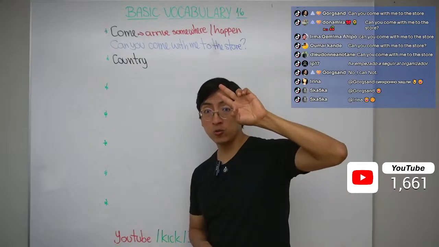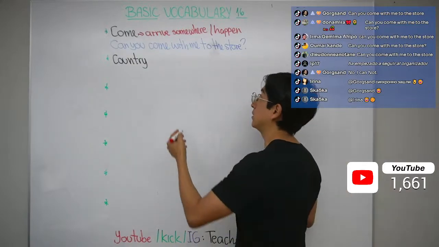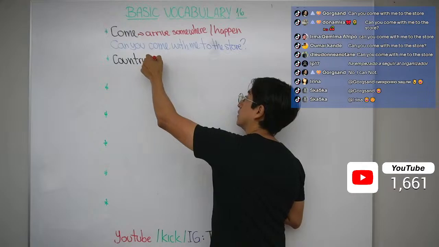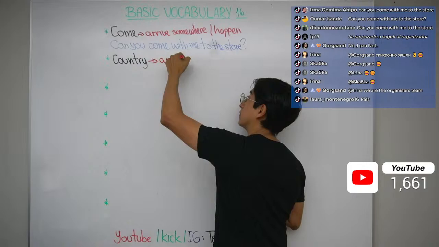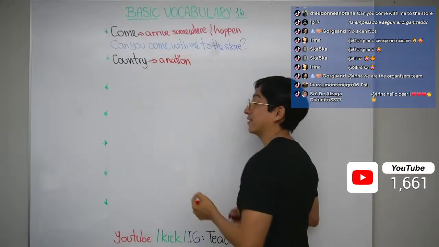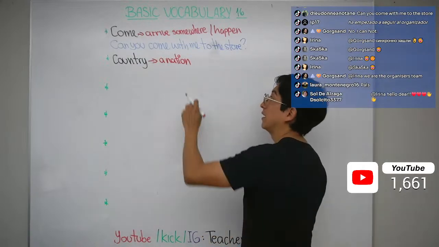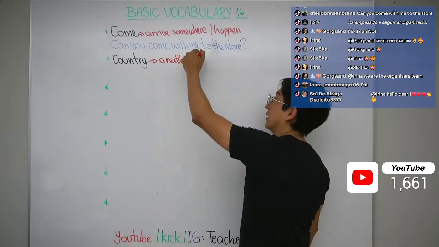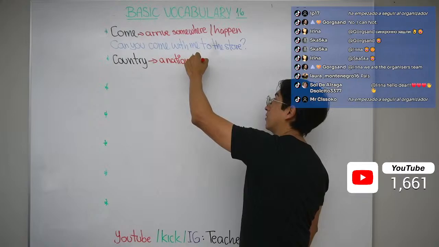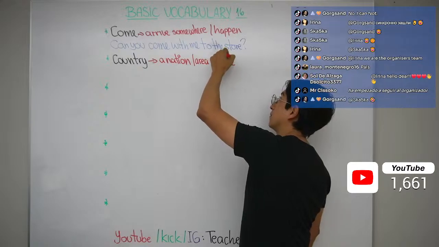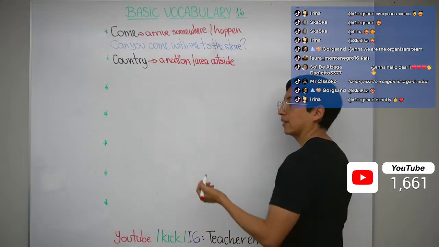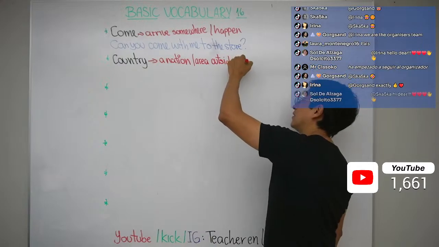It has two meanings. Let's start with number one. A country is a nation. Okay, this is the first meaning, a nation. And the second meaning is area outside a city.